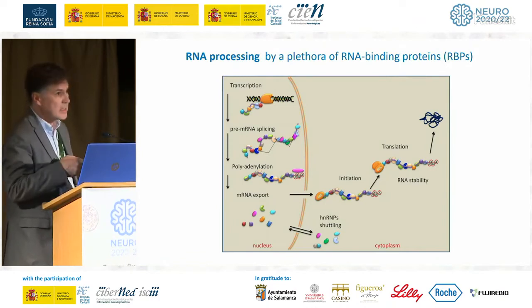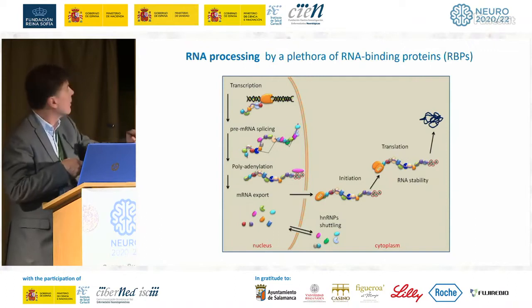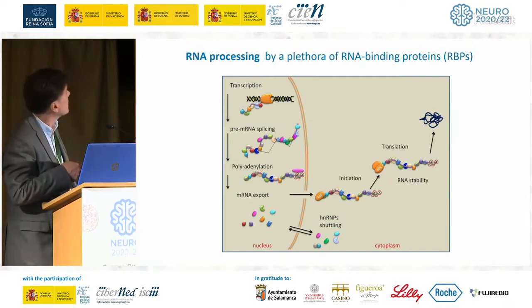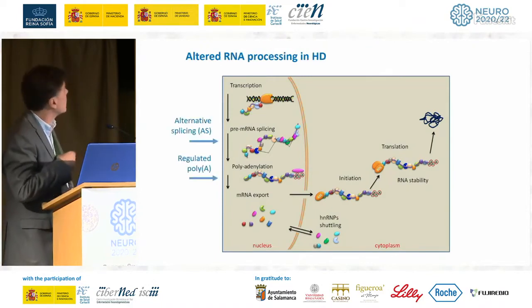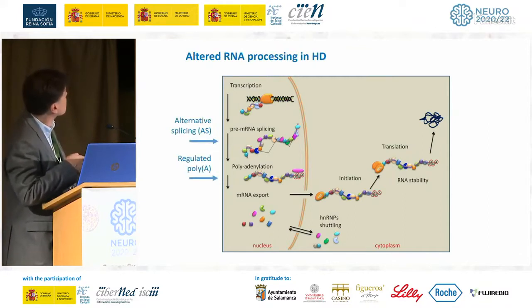And these modifications are carried out by a plethora of RNA-binding proteins that are depicted here as these color shapes. And we have evidence and want to explore if these different modifications occur differently in Huntington's disease.